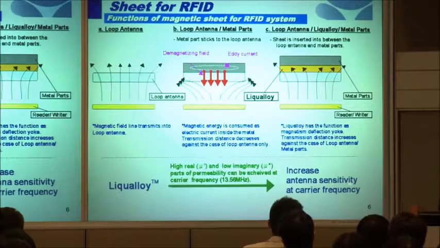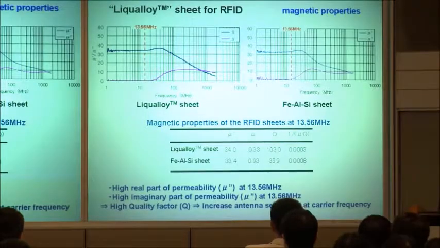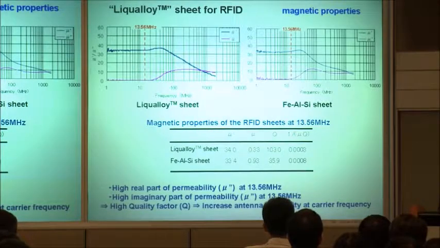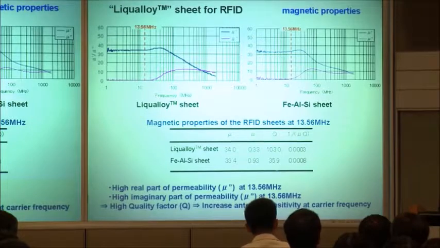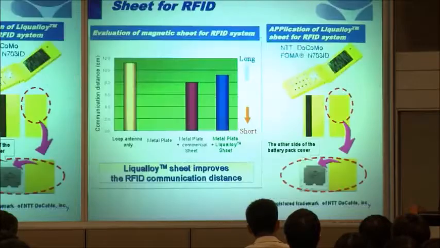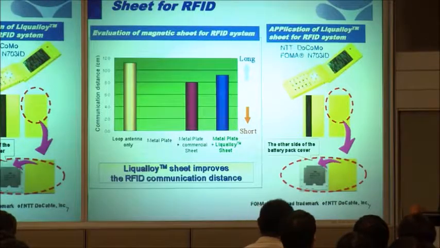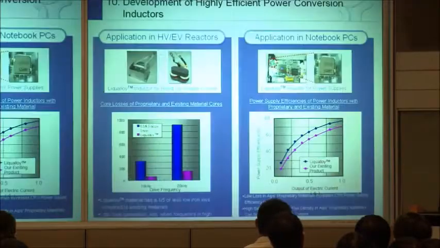We can get a significant increase of antenna sensitivity at a carrier frequency of 13.56 megahertz, because the ZrACuNi sheet shows a much higher quality factor, defined by the real permeability to imaginary permeability, as compared with sendust sheet. And when you open mobile phones, you can find radio frequency identification systems using that Glassy alloy.